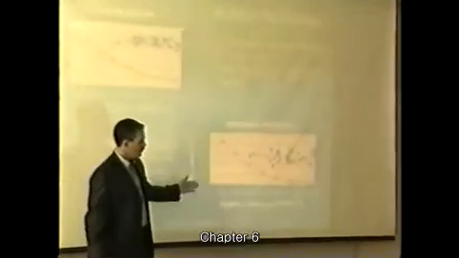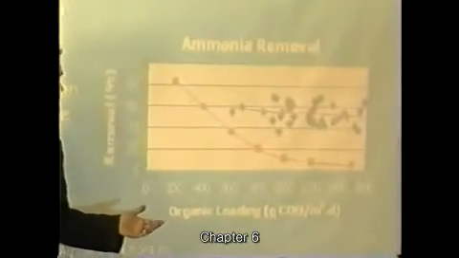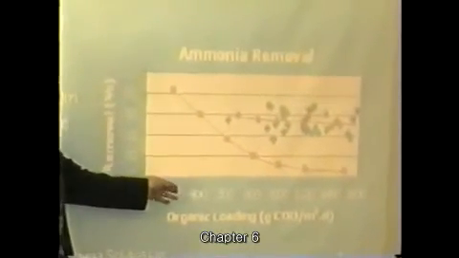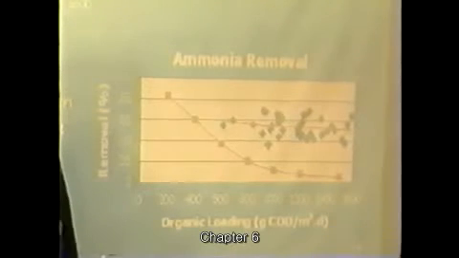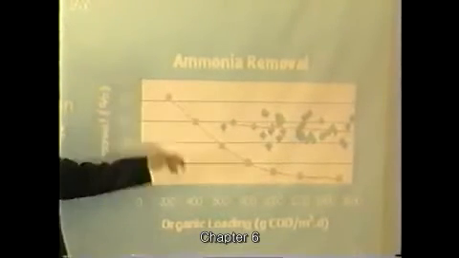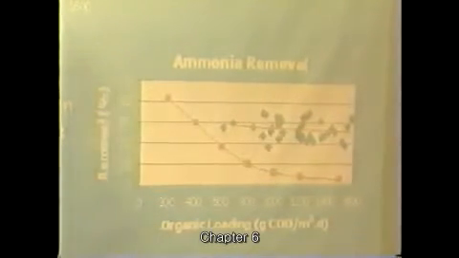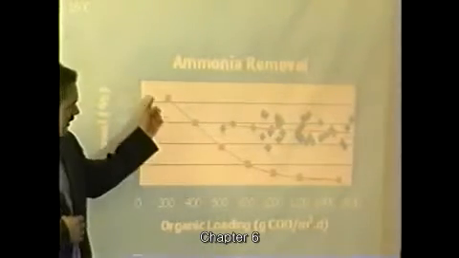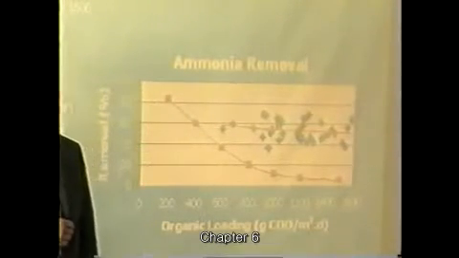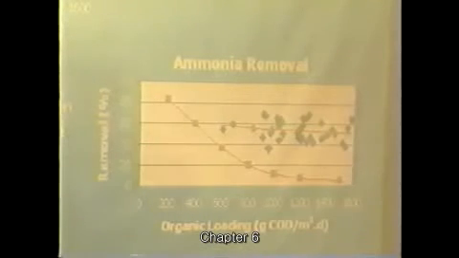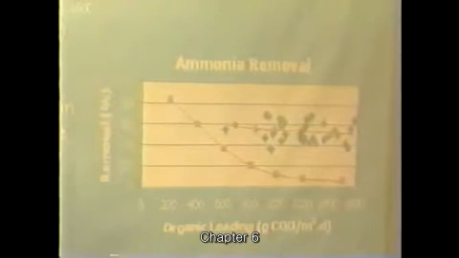If you want complete nitrification, you would need to load your system at about 200-250 grams per cubic meter to remove sufficient ammonia. As you increase your loading, your nitrification drops to virtually zero, because they cannot compete for oxygen with the COD consumers. Their growth rate is too slow.